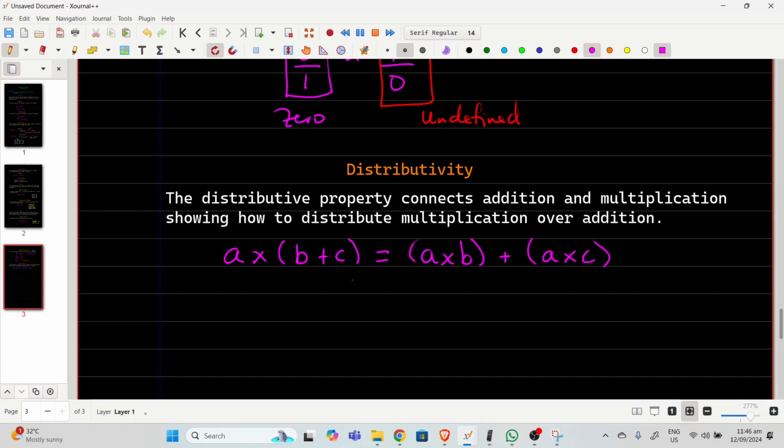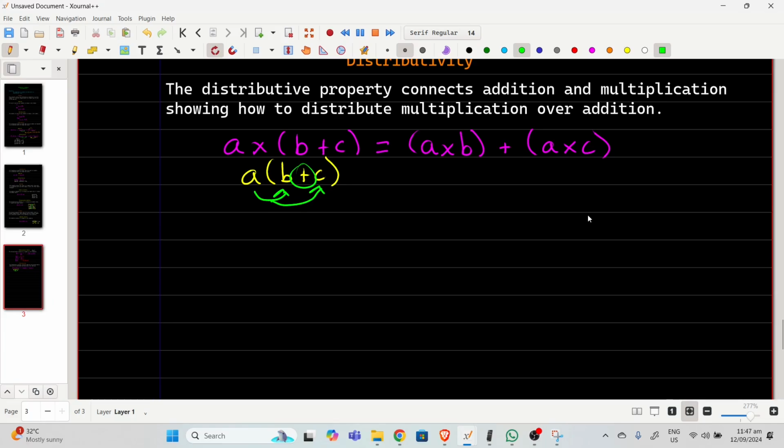Sometimes they write it like this: a into b plus c, and that's what you see in most of your algebra work. But all it means is we take a and multiply it by b, and then we take a and multiply it by c, and then we use the operator in the middle.